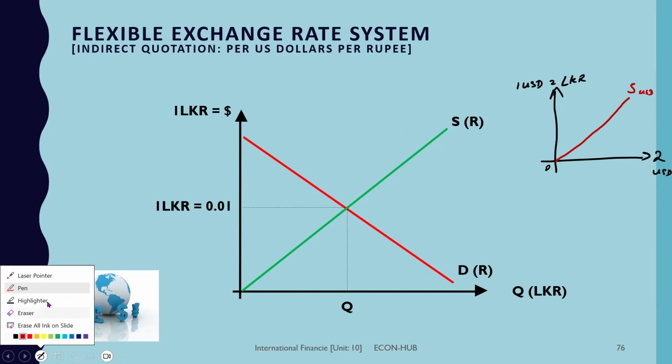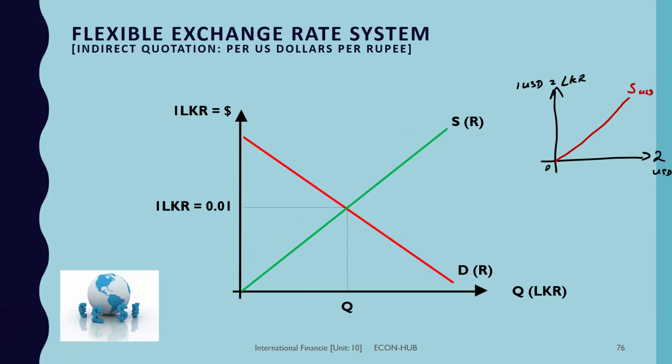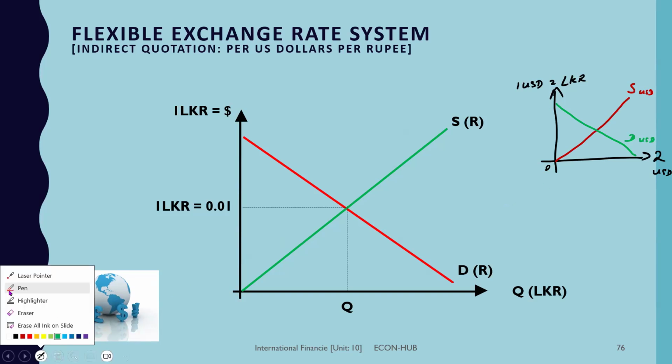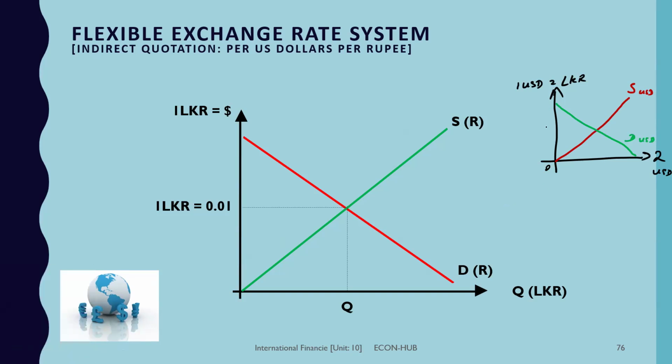Then the green color rupee supply curve creates the dollar demand curve. And we have the exchange rate determined accordingly. So that will be 1 US dollar is 100 LKR.